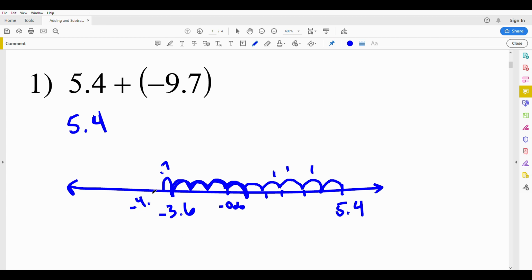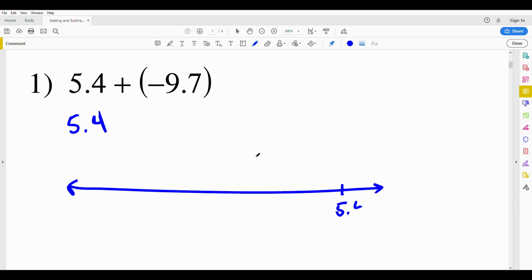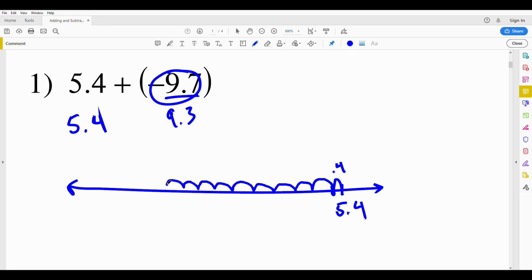4.3. And if that number line analogy confused you, let's go back to 5.4, and as opposed to starting off by going 1, let's go 0.4 over. If we go 0.4 over, that still is not quite 9.7. That's only 0.4. And if we have to move a total of 9.7, we still need to move 9.3. So let's go 1, 2, 3, 4, 5, 6, 7, 8, 9.